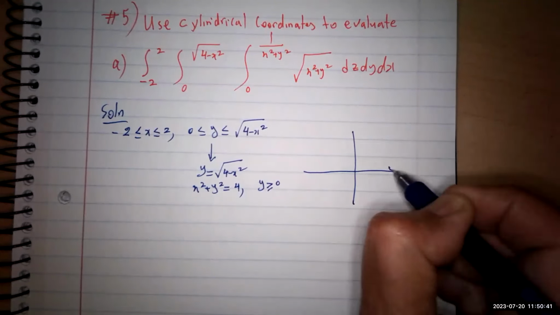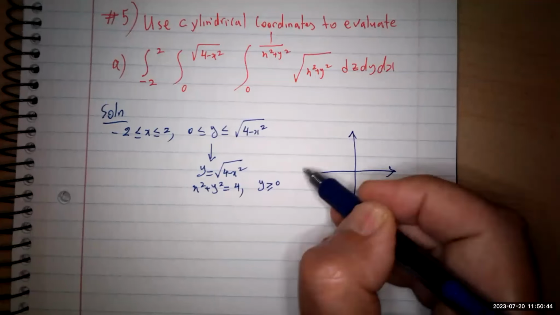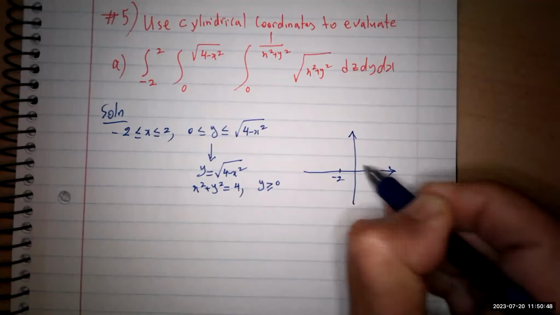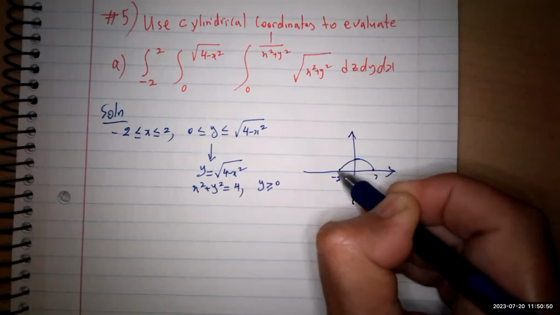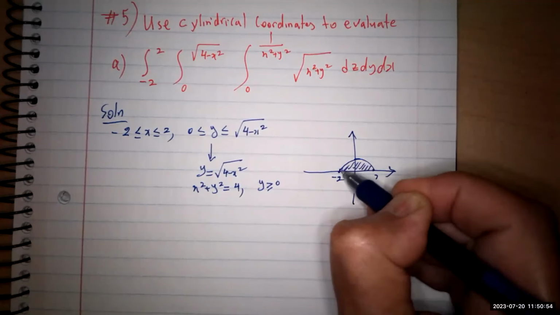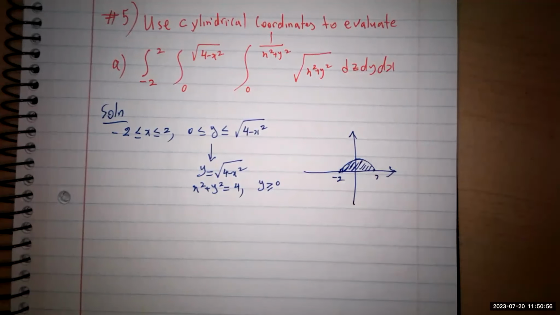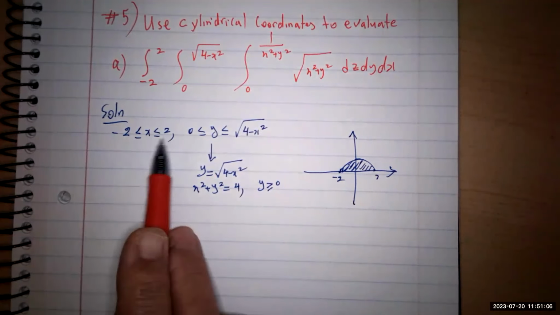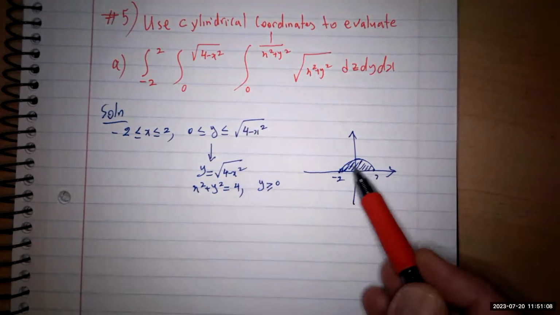This is your projection, the radius of 2, but only the top. It's only a semicircle. If you want to change it to polar form, x is between -2 and 2, so it's all the top.